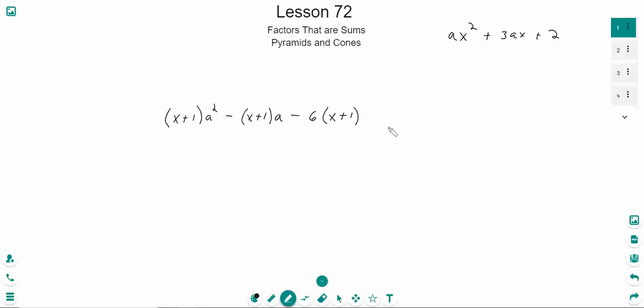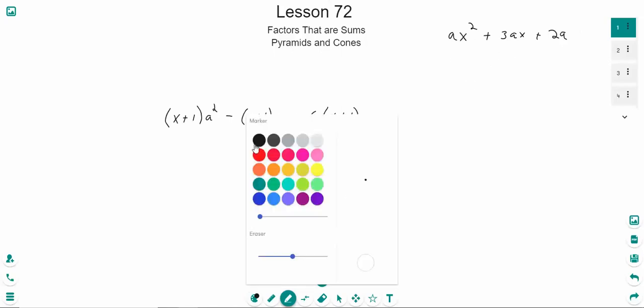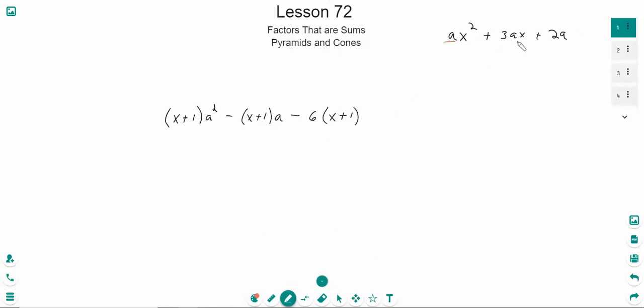If I have something that looks like this, we've learned recently how to recognize the common factors in these three terms and pull that common factor out. So in this trinomial, we would recognize that each one of these terms has an a in it, right? And because of that, we can pull that a out. We can divide the a out and then leave what's left over. So we have x squared plus 3x plus 2, right?